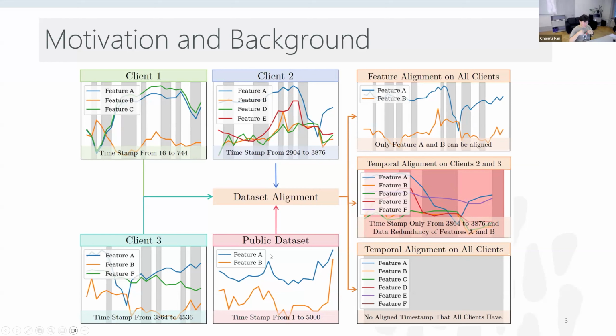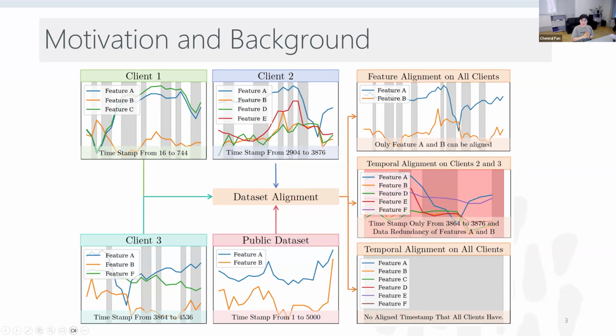Also, maybe we can collect some public data from a public dataset, and in the public dataset there are features A and B. We can call them common features. But there are other features that only the client itself has, like feature F and feature C. Those features are very private. They don't want to share them, so they cannot do feature alignment.